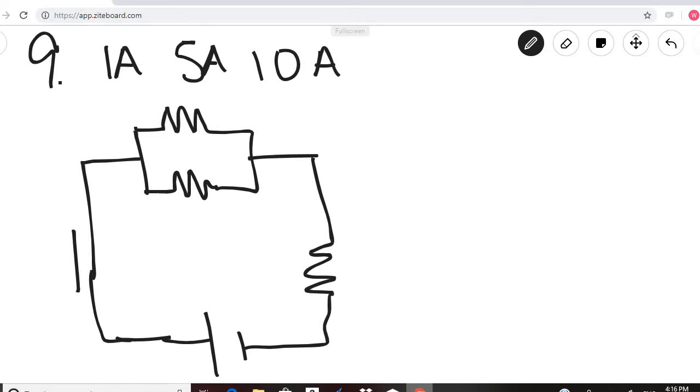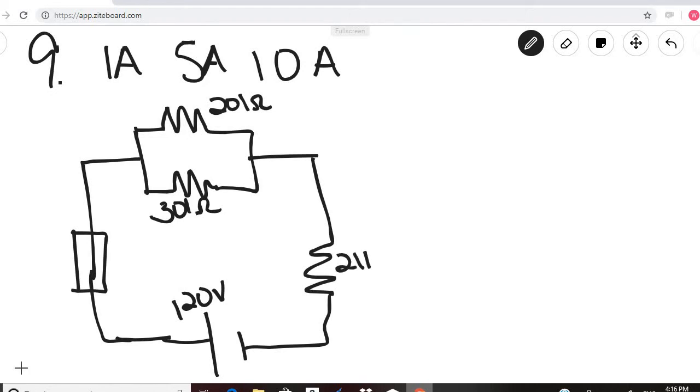Here's the fuse, so we don't want to blow that fuse, and this is 120 volts, and this is 201 ohms, this one is 301 ohms, and this one is 211 ohms.